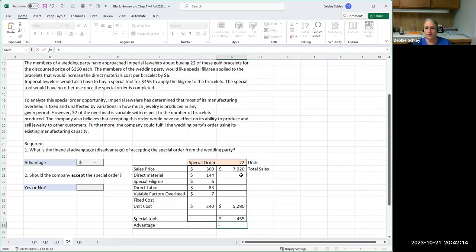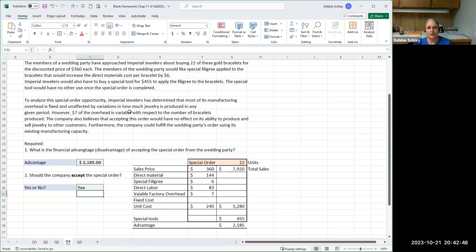So the total sales minus the total cost minus the special tools equals 2,185. And so that is an advantage because it's a positive number. If it had been negative, it would have been a disadvantage, but it is an advantage of $2,185.